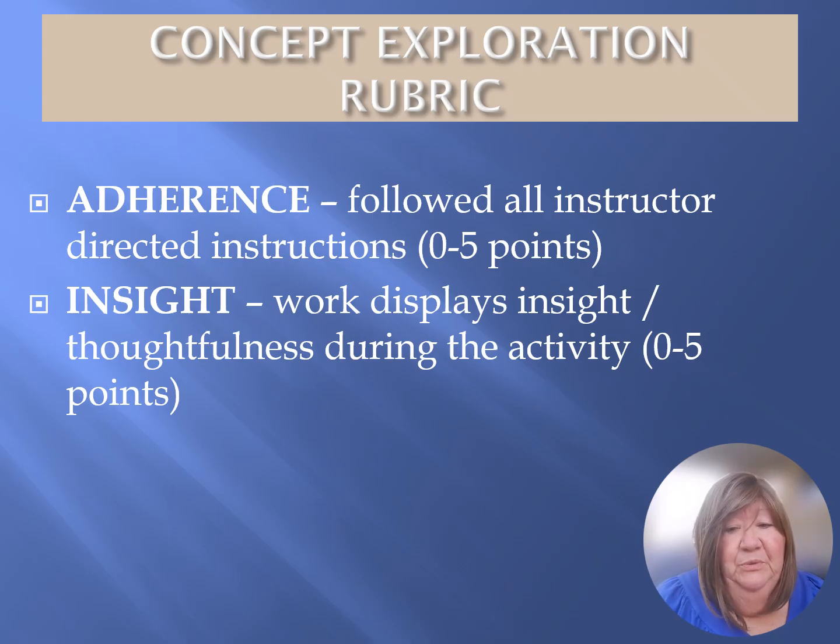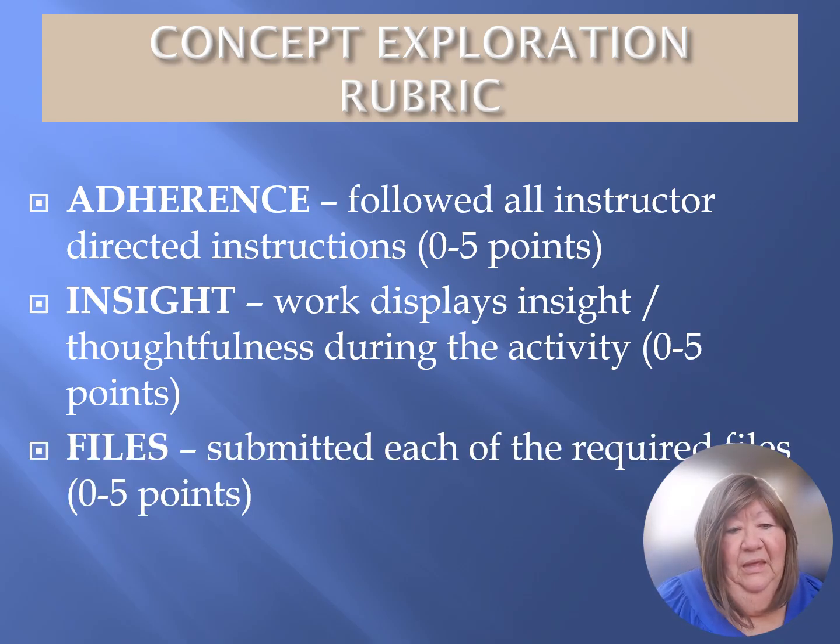The chapters are pretty long, so you probably will be able to find something interesting to you. And then from 0 to 5 points for submitting each of the parts into your Office 365 folder. Those are the things we're looking for with that assignment.